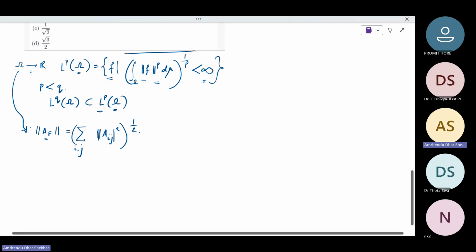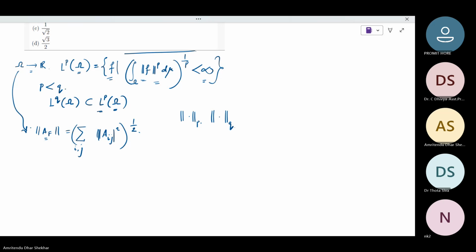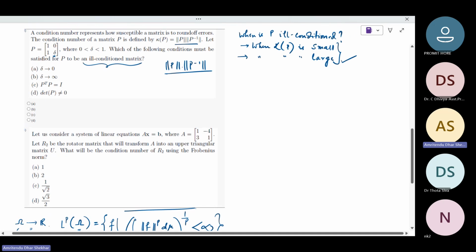If you write the matrix norm, for instance, the P norm and the Q norm, then the Q norm is in general going to be larger than the P norm if P is less than Q. So if something is ill conditioned with respect to the one norm, it will definitely be ill conditioned with respect to the higher norms as well, because as we increase p, the higher norms give larger values.